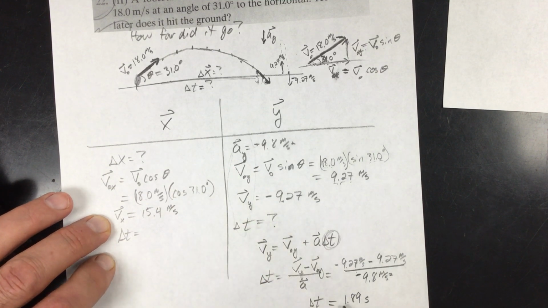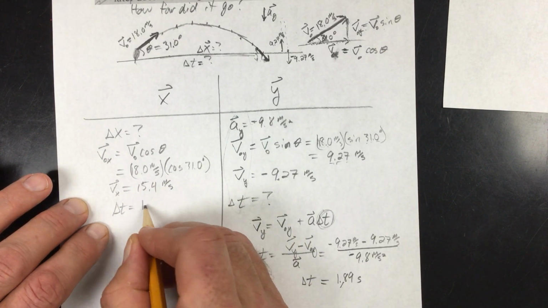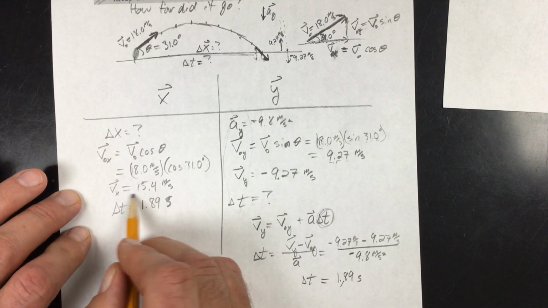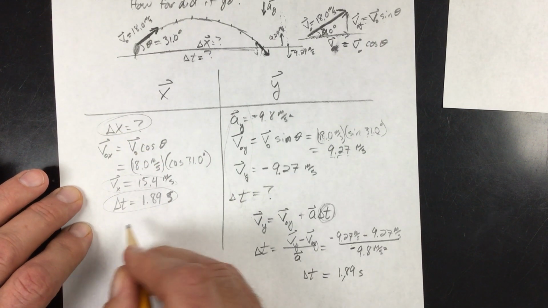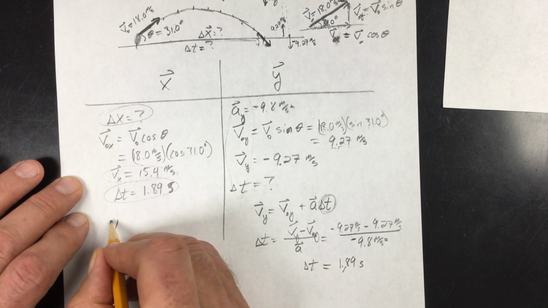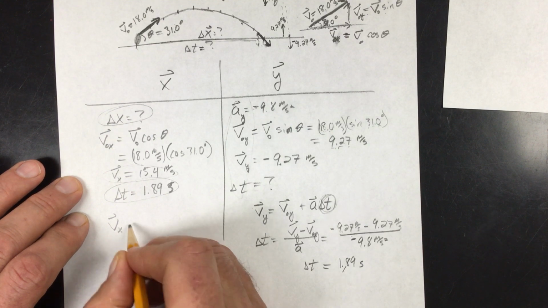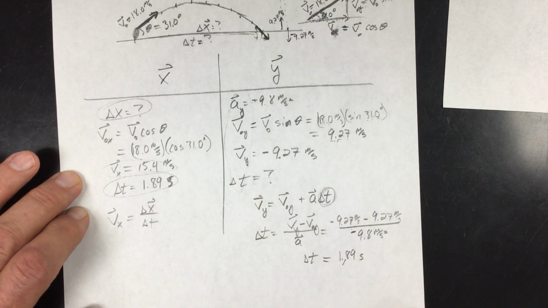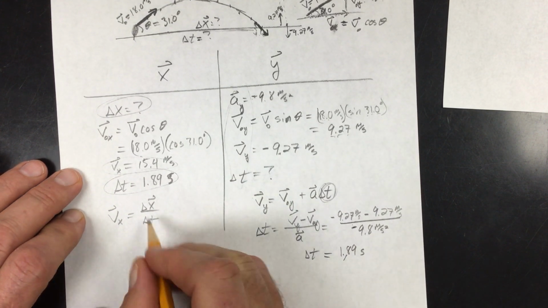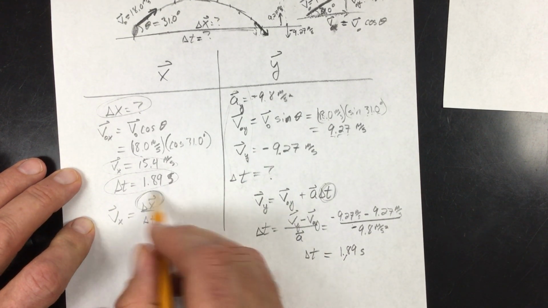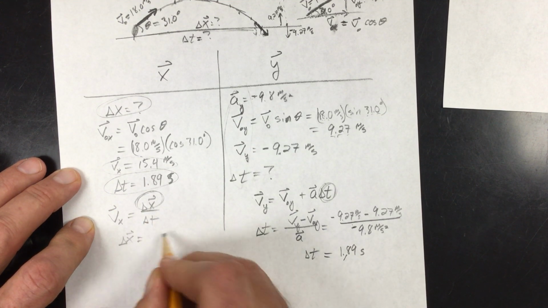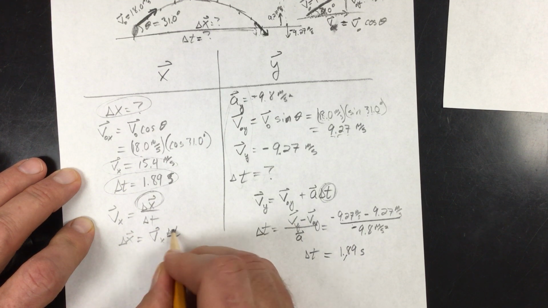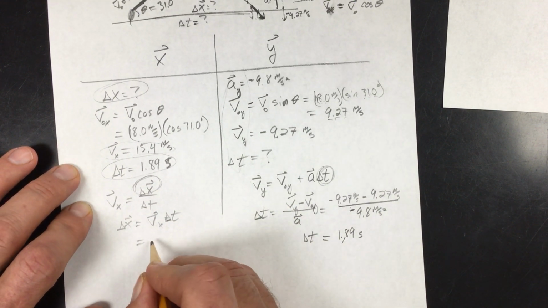We now know, thanks to this, how much time it spent in the air, 1.89 seconds. Well, if I know that and I know that, I can find that, because everything is moving at a constant velocity in the horizontal direction, so it just obeys our definition of average velocity. And I'm looking for displacement. So a little algebra here gives me velocity times time, plug and chug.